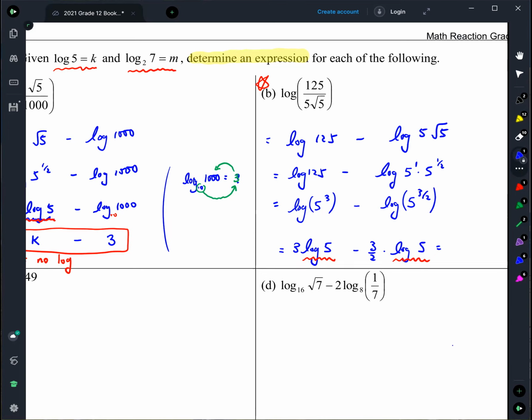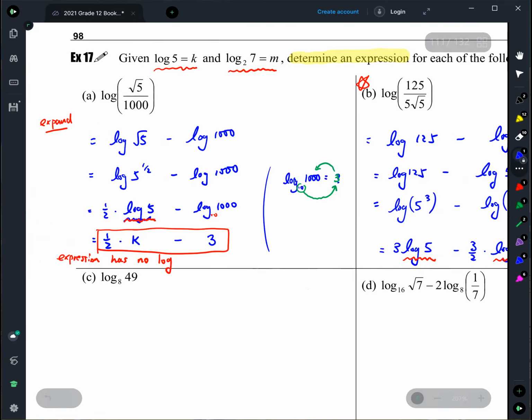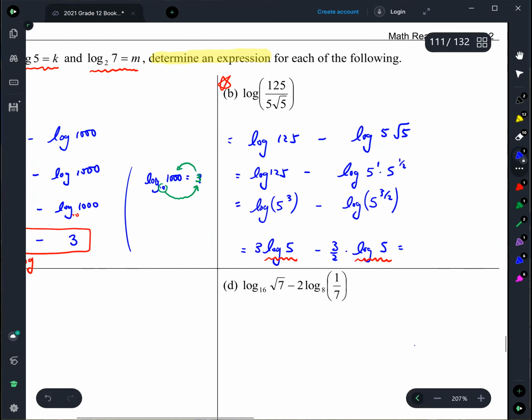You have log 5 here. What did we do before, in the previous question when we see log 5? Turn it into, like, plug in the K. Yeah, because the question tells us when you see log 5, it just equals to K. So can we do the same thing here? Yeah, it becomes 3 times k minus 3 over 2 times k. Can we simplify more?